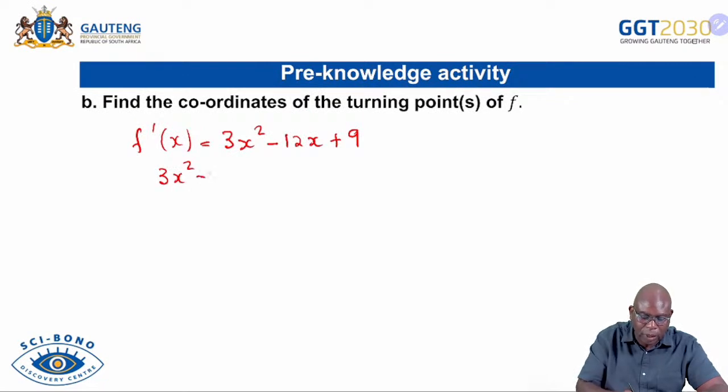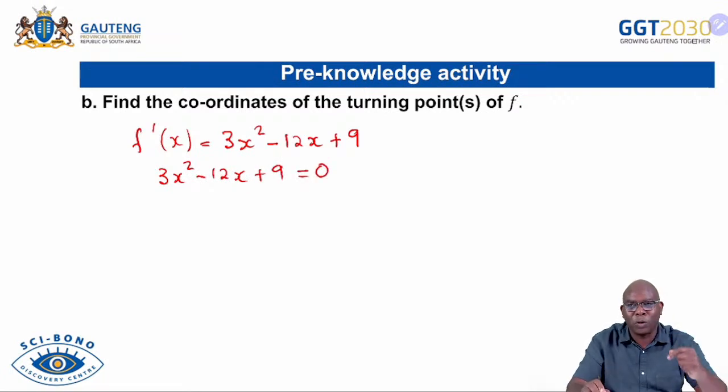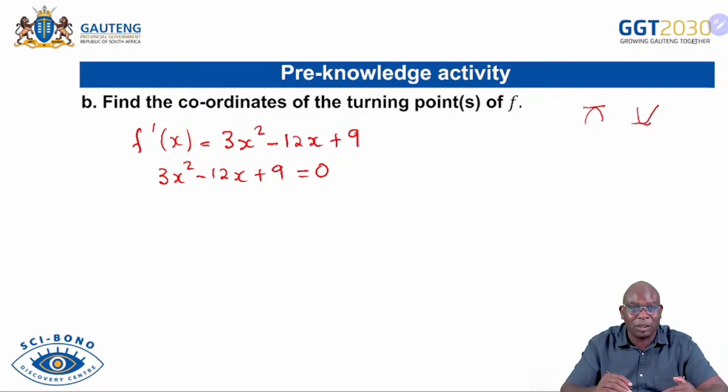So it's 3x squared minus 12x plus 9 equated to 0. You must always know why we are equating it to 0. It is because the gradient at the turning point is 0. If I've got a maximum, the gradient will be 0. If I have a minimum there, the gradient will also be 0, because it's a horizontal line which is parallel to the x-axis.